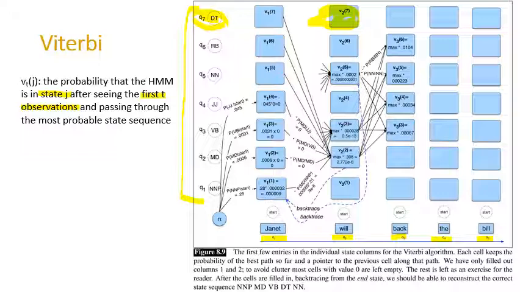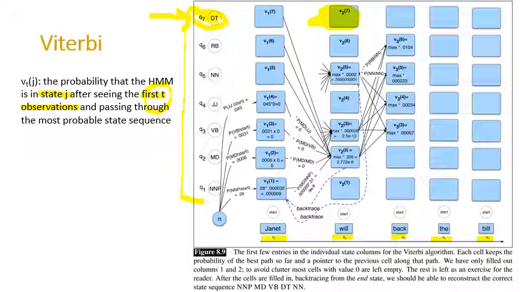So the value in this box, V27, should tell us the probability that after seeing 2 observations, or we can also say at the second word, the state is state 7, determiner, with this probability after we pass through the most probable sequence.